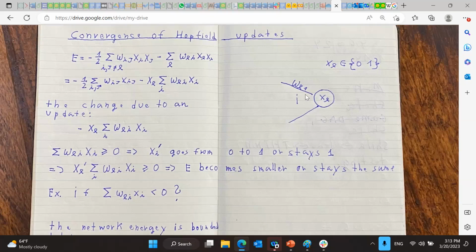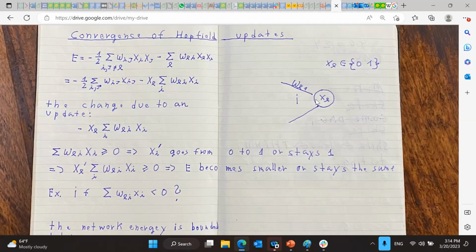Typically, it's all of the neurons in the network. So that's the sense. We pick one neuron randomly, and we see whether the sense is bigger than 0 or less than 0. I'm ignoring bias for now.